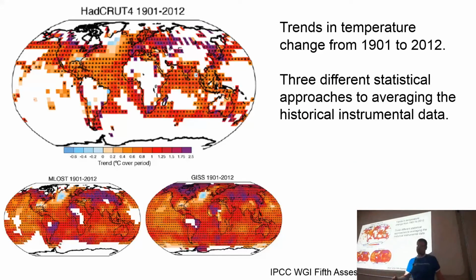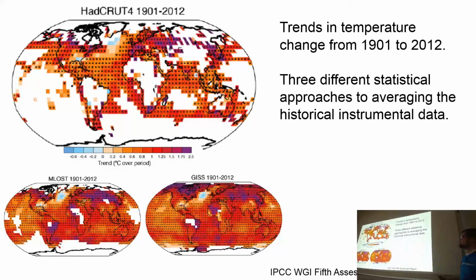So, moving into the instrumental period, one of the less rational criticisms of the way we construct our climate history is that there are a bunch of different research groups that work completely independently, and they take the same or similar data sets to produce this record of temperature through time.